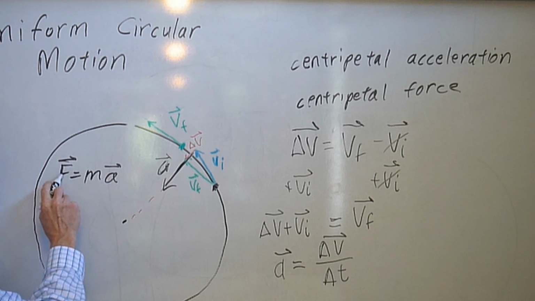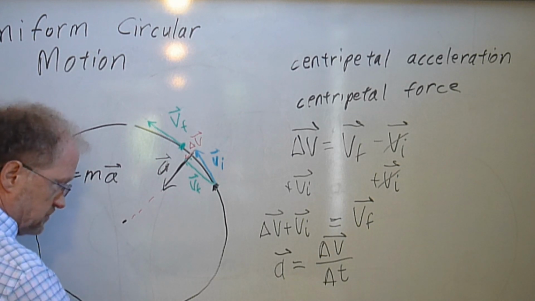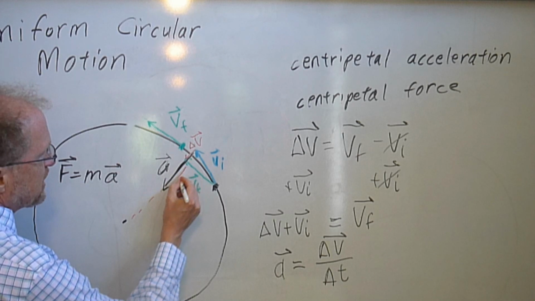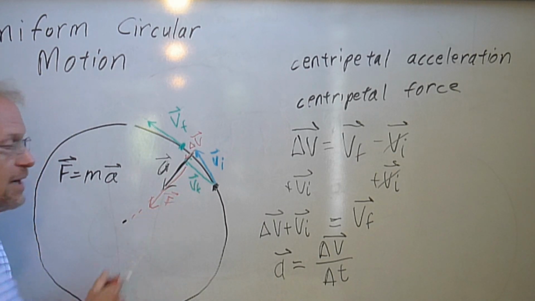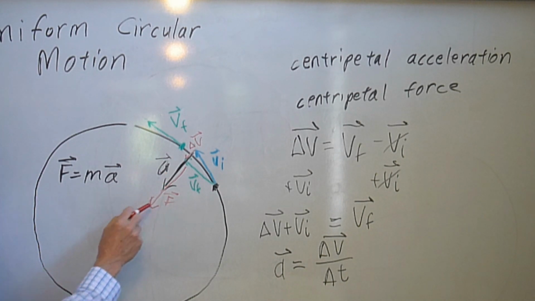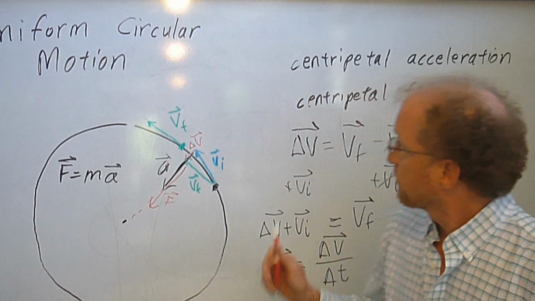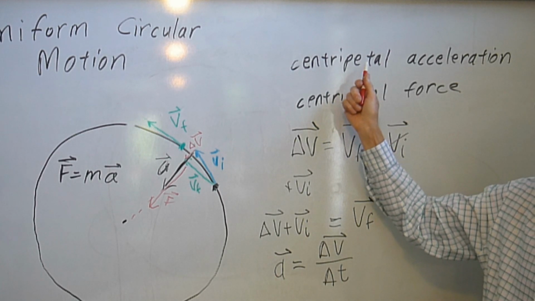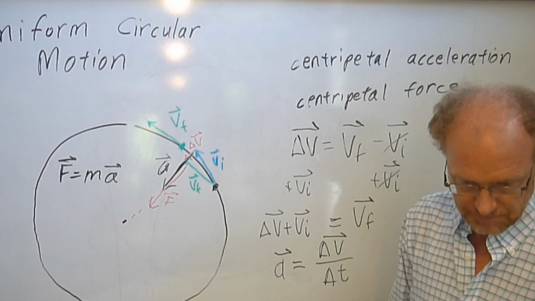So the acceleration and the force must also be in the same direction. So there must be a force directed toward the center of the circle. Force directed toward the center of the circle is called centripetal force. An acceleration directed toward the center of the circle is a centripetal acceleration.